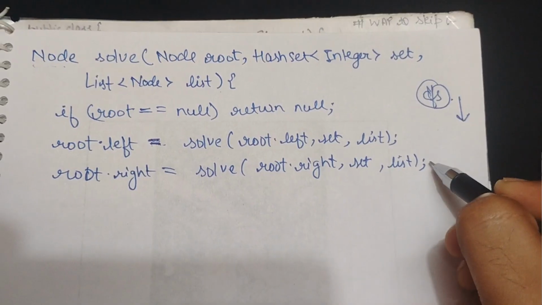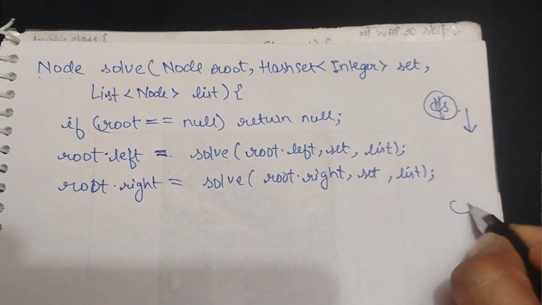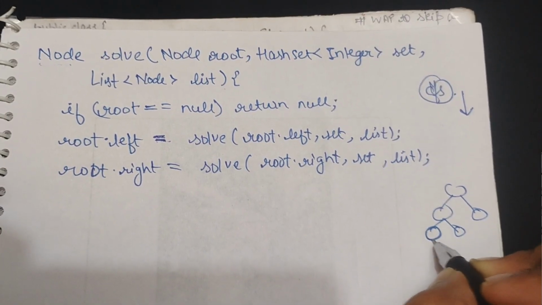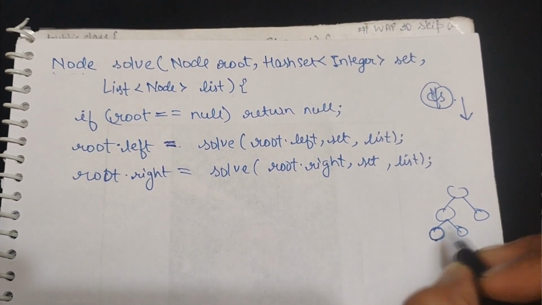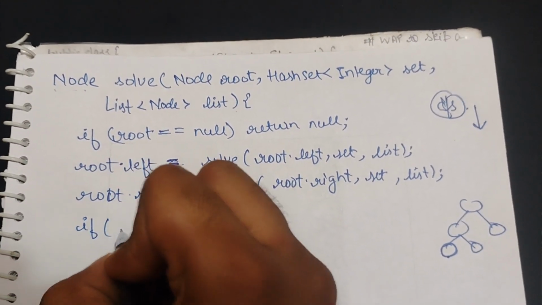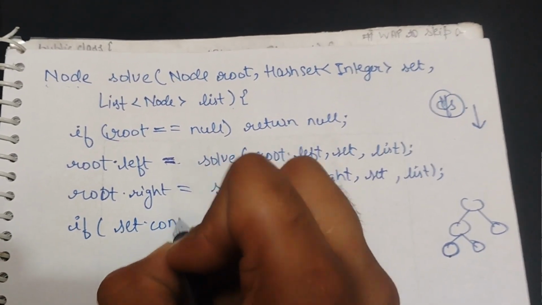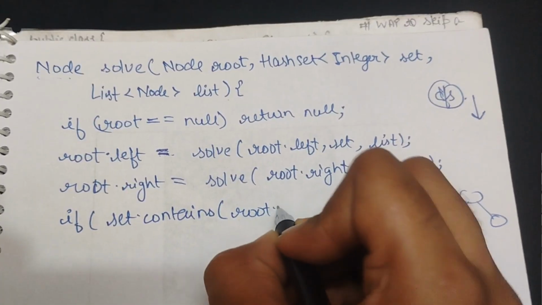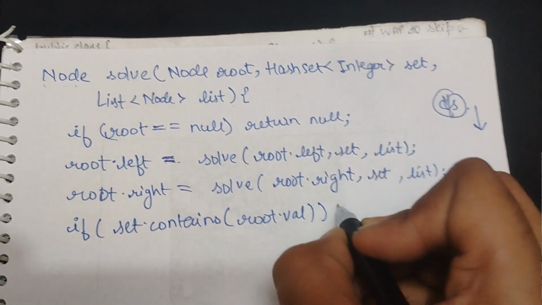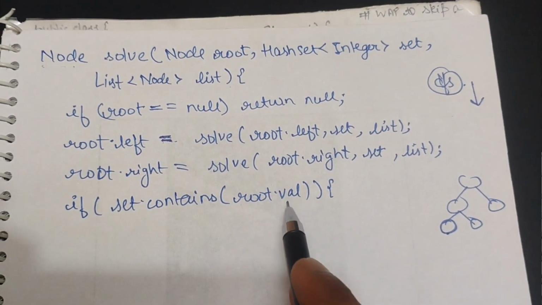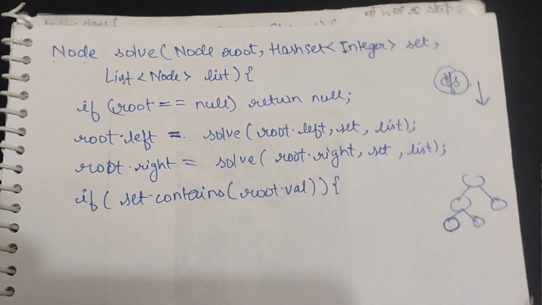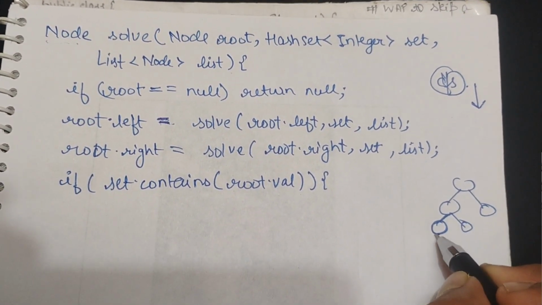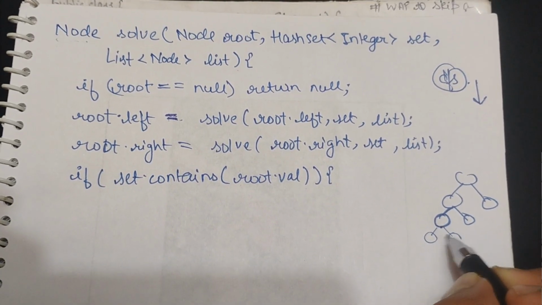Now when the code executes these two lines, it has reached the last point. Now it is at this position. Now it will check if set dot contains this root dot val. If it contains, that means I have to remove this. What if it has some subtrees?